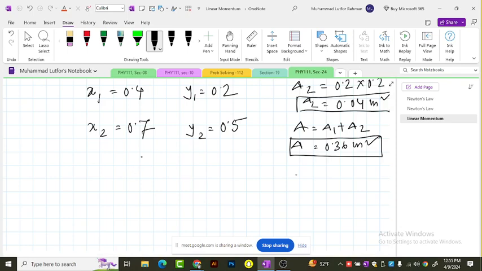So fine. Now if I plug in that part over here, then you can find out this xcom.